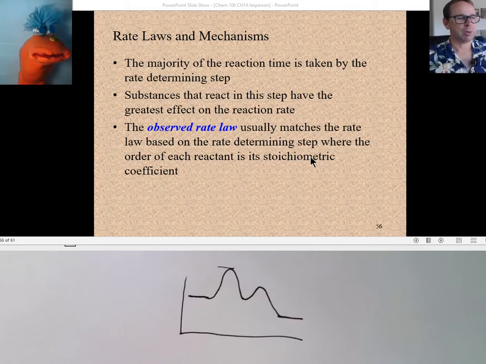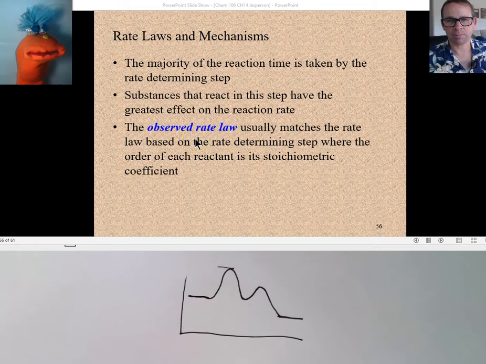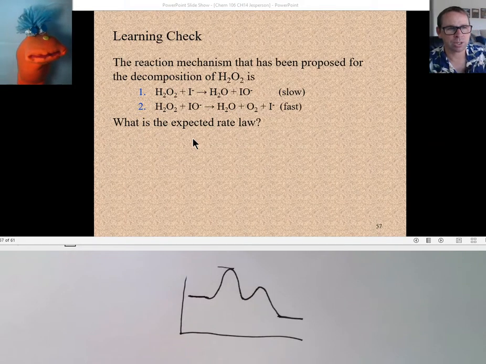So there is this relationship between the rate law and the mechanism if you know the slow step. Our observed rate law will usually match the slow step in the reaction.